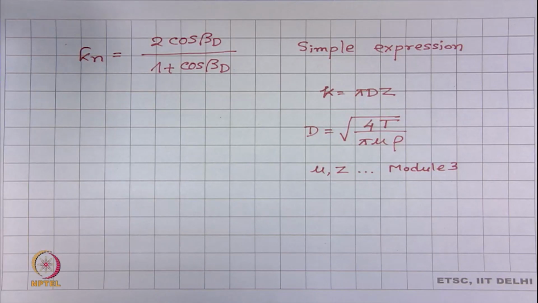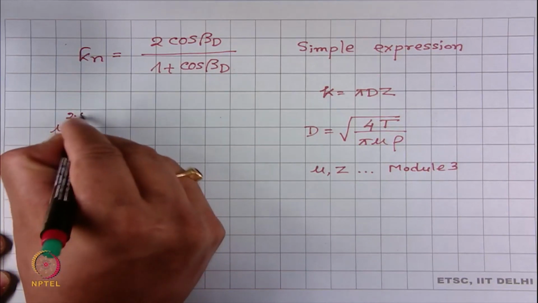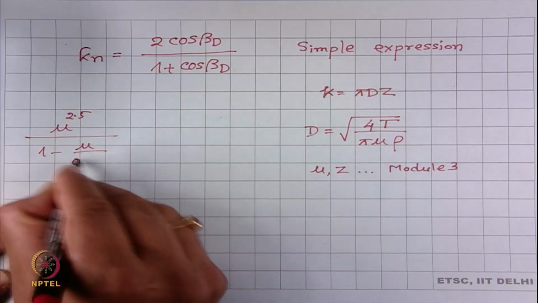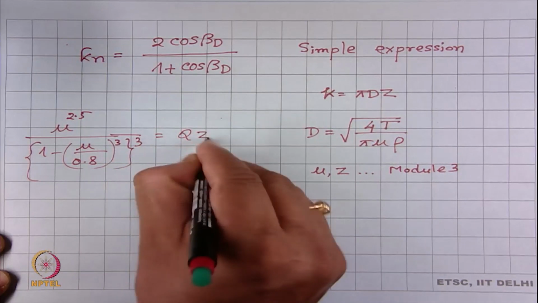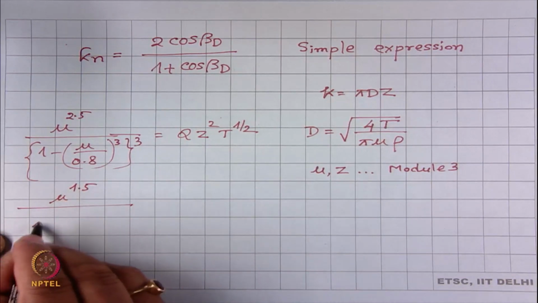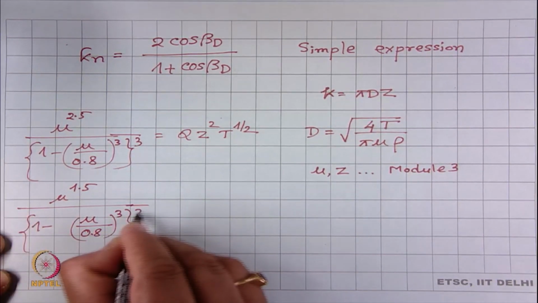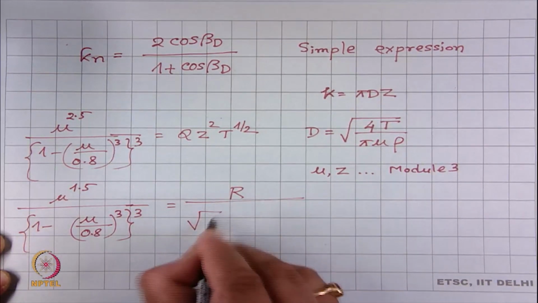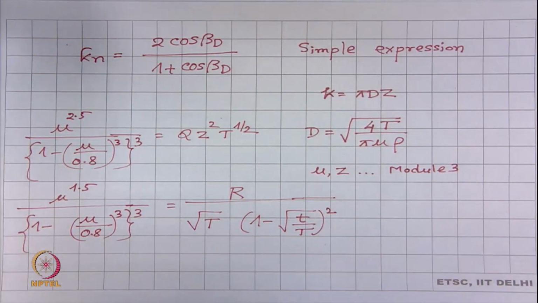By using those two expressions of module 3, we can find out mu and z. Remember those two expressions.